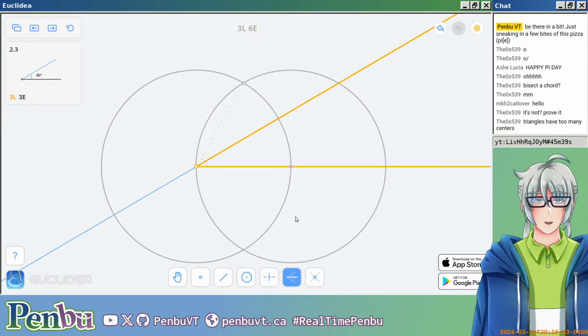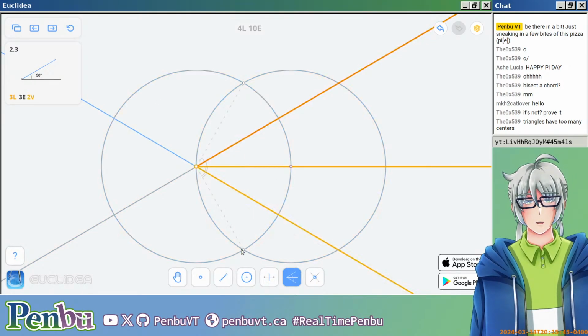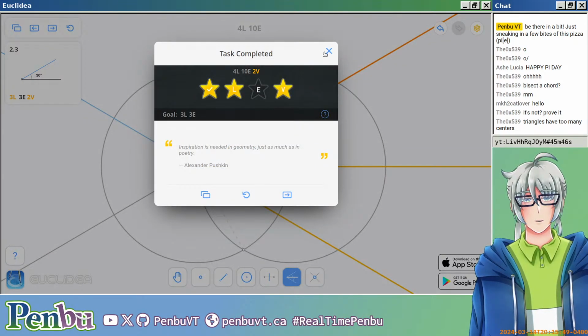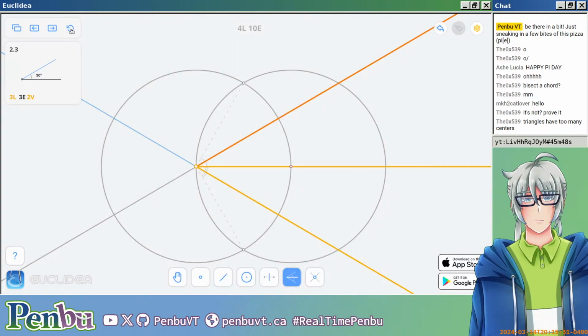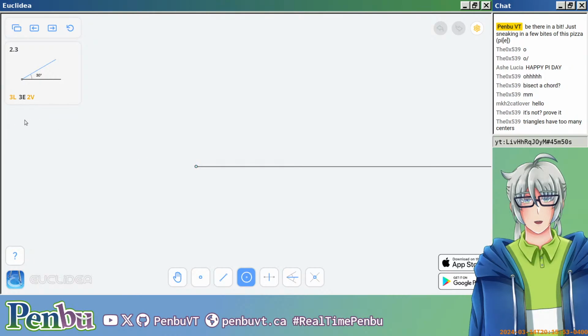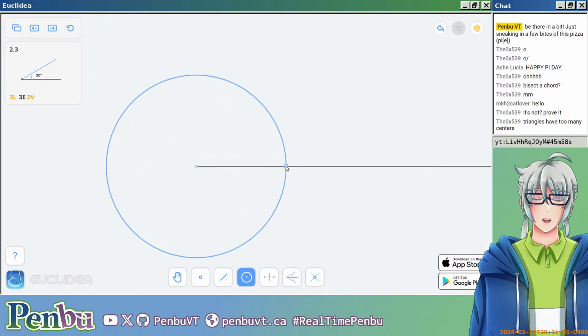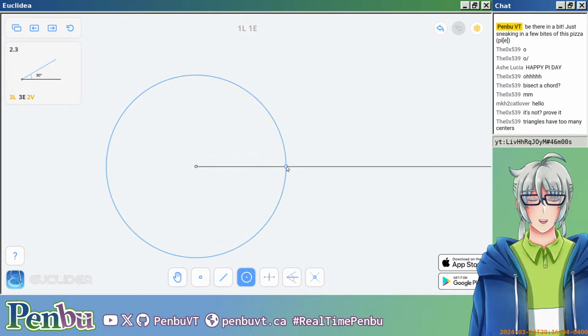But then we can do the other side. This gives us the 2V. And then we reset. Now to try to figure out how to do this with 3 elemental moves. How do you do that? Because this is 1.